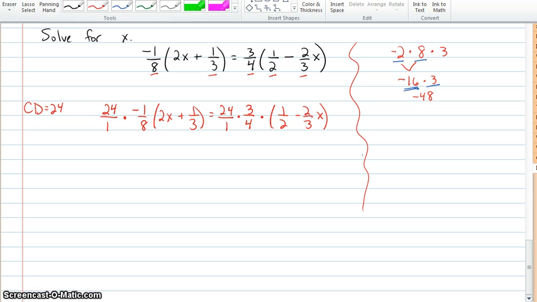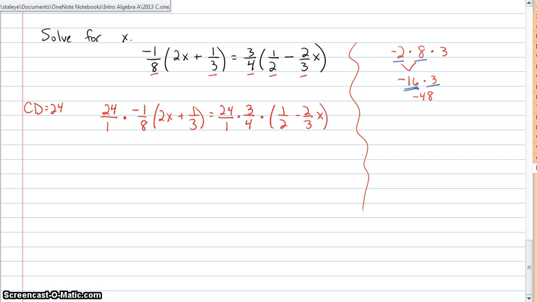Now remember what we did over here with the negative 2, the 8, and the 3. I multiply the first 2, multiply the product by that third number. Here I have 24, negative 1/8, and 2x plus 1/3. Those are my 3 numbers that are being multiplied.